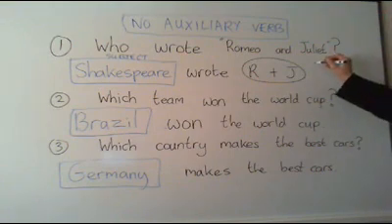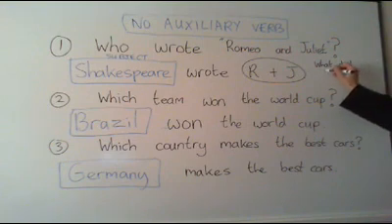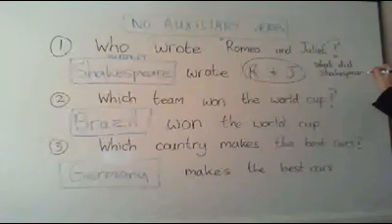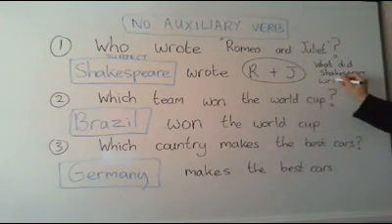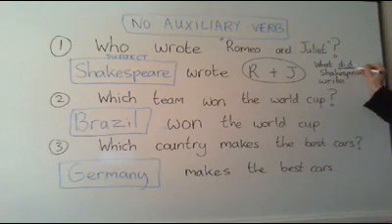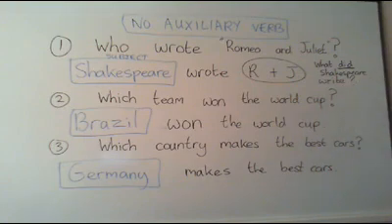For example, what did Shakespeare write? Can you see where I'm writing this? Yeah, just about. What did Shakespeare write? Here we need an auxiliary because Shakespeare wrote Romeo and Juliet.